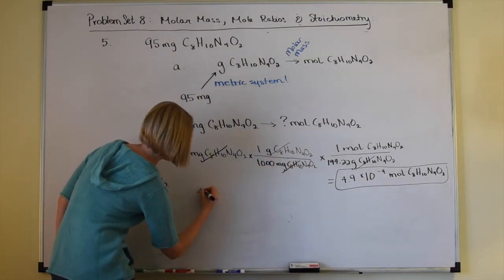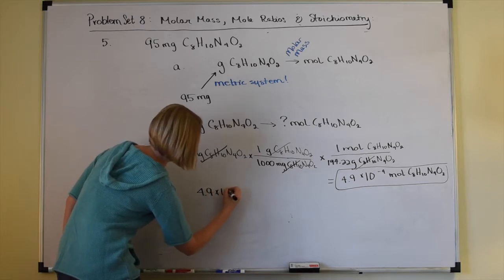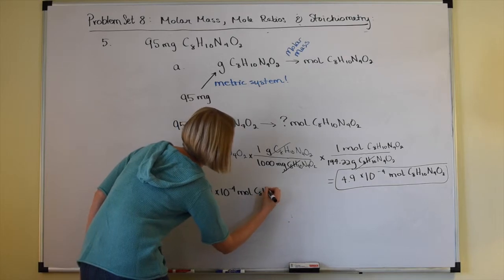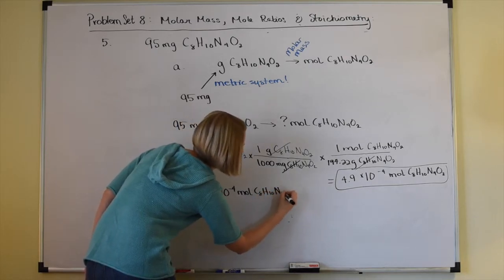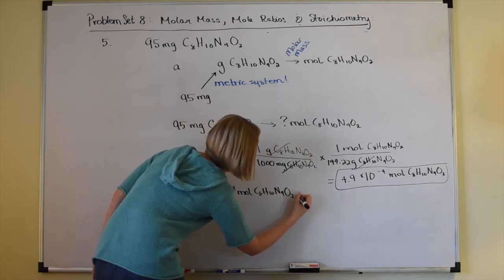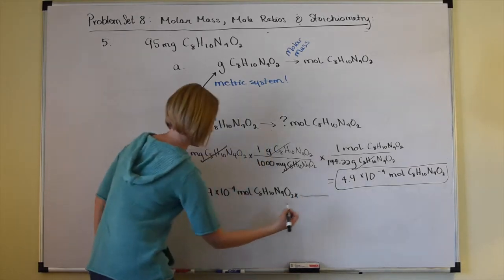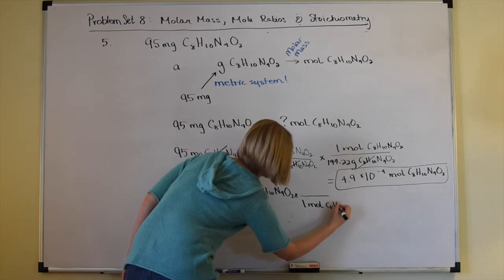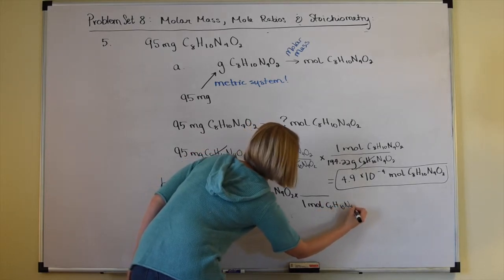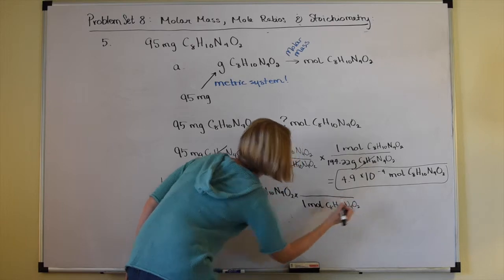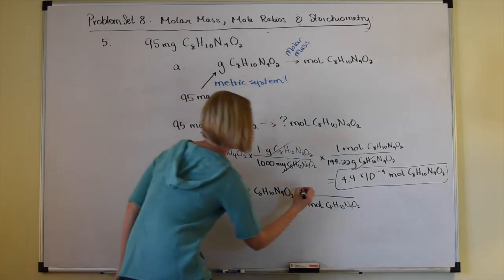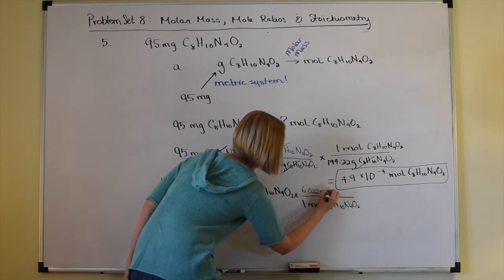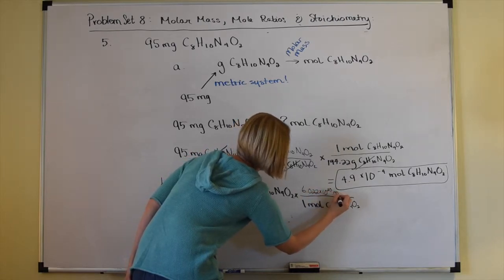So let's take 4.9 times 10 to the negative 4 moles of caffeine, and in every 1 mole, I know how many molecules there would be. There would be Avogadro's number, 6.022 times 10 to the 23rd molecules.